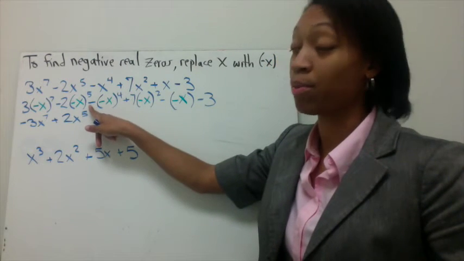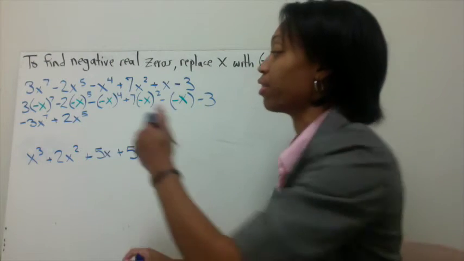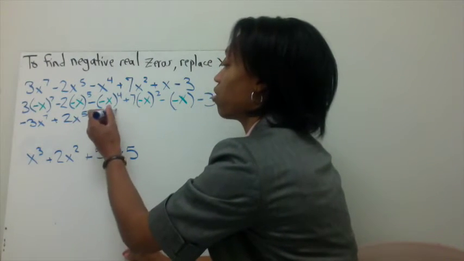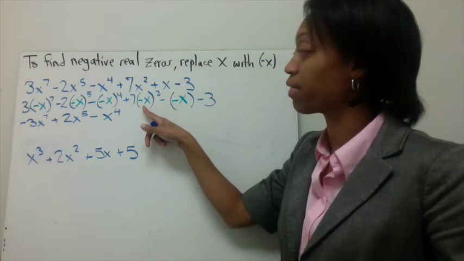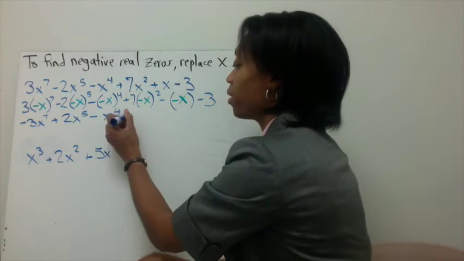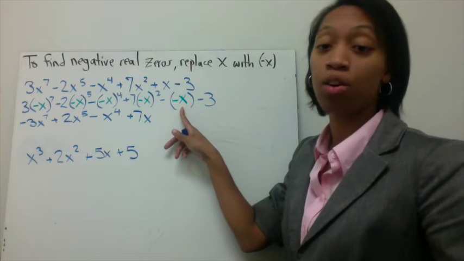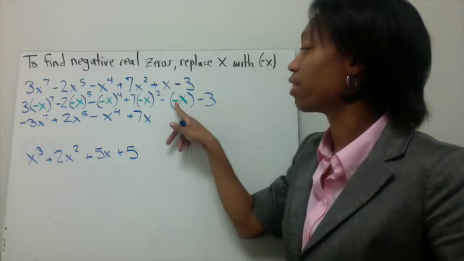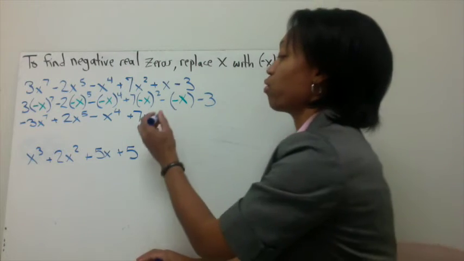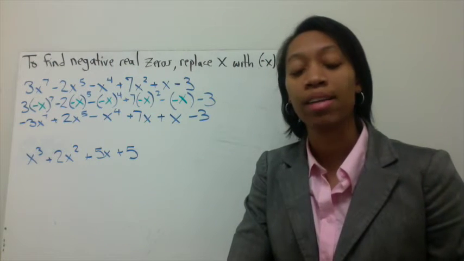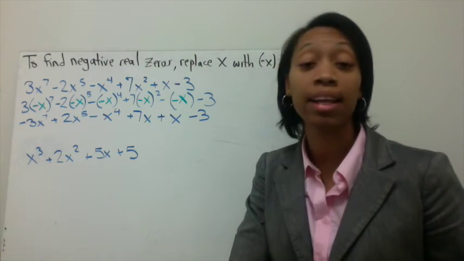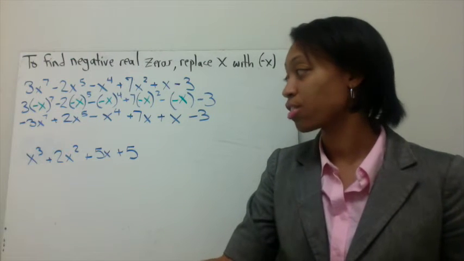And this negative that was in front is still down here. So negative x to the 4. Even means that all these negatives are going to cancel. So I have plus 7x. This one has no power, so it's just a negative. And here a negative times a negative is going to turn to a positive x. And then minus 3.